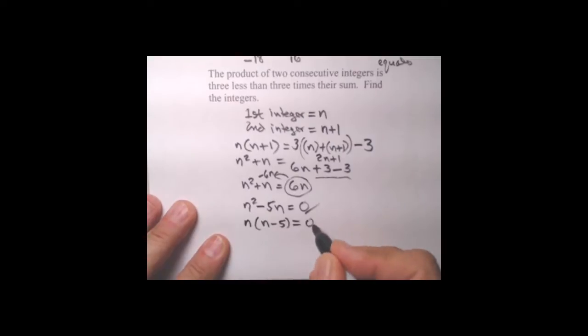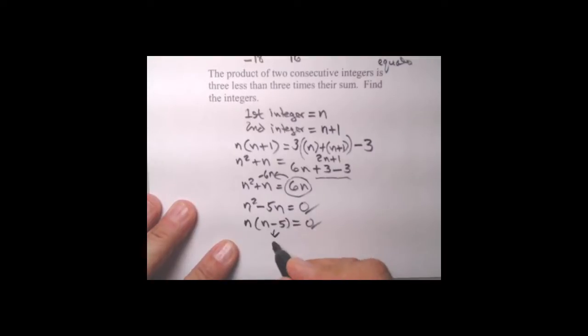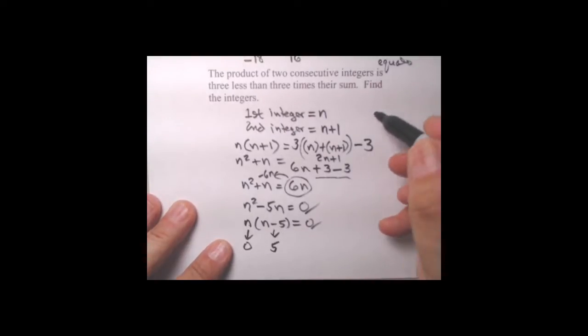Okay, here we go. Well, what are the values? This guy, of course, right here gives me positive 5, but what value of n makes n 0? Well, n equals 0. So once again, we get 2 possibilities. Remember, these are integers.